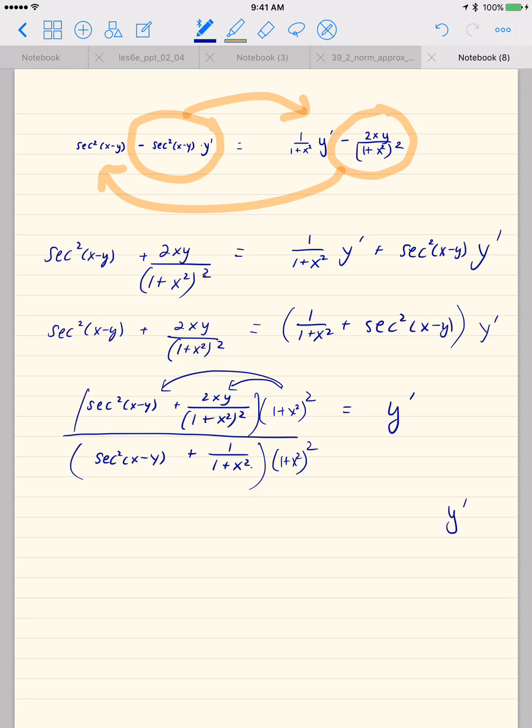So I'll have 1 plus x squared, quantity squared, secant squared x minus y, plus 2xy divided by, and in the denominator, I'll have 1 plus x squared, quantity squared, secant squared x minus y, plus 1 plus x squared.